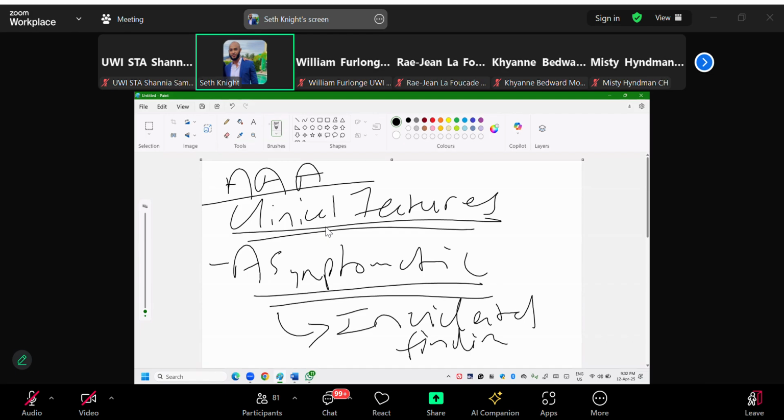They had imaging for some other reason, maybe belly pain from pancreatitis or something else, and they notice they actually have a dilated abdominal aorta infrarenally, and they're saying this is a triple A. So the clinical presentation is usually an incidental finding in most cases.